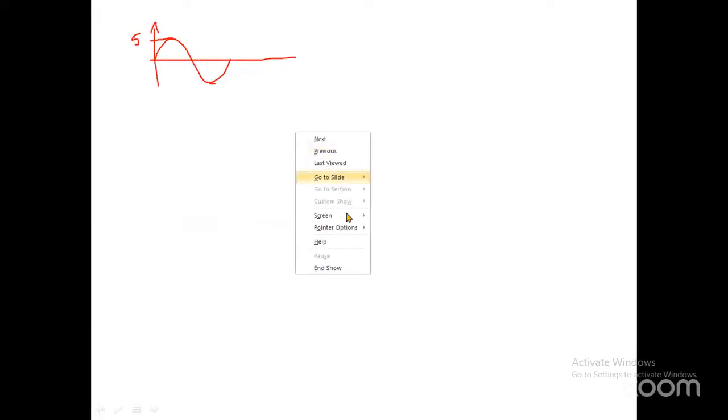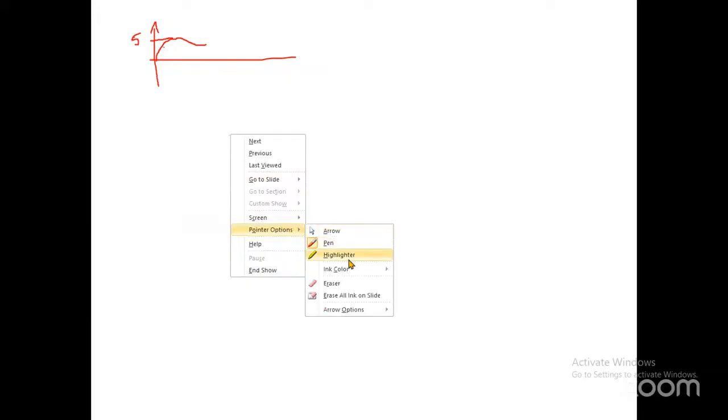For example, if I want to convert this signal into a digital signal, suppose its amplitude is 5 volt. I want to convert this into a digital signal. So first, we have to convert that into discrete.